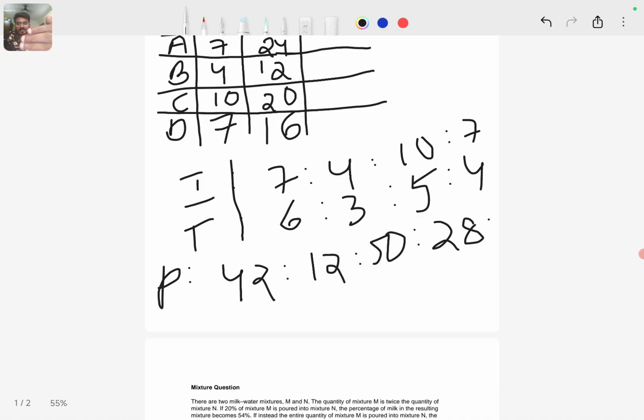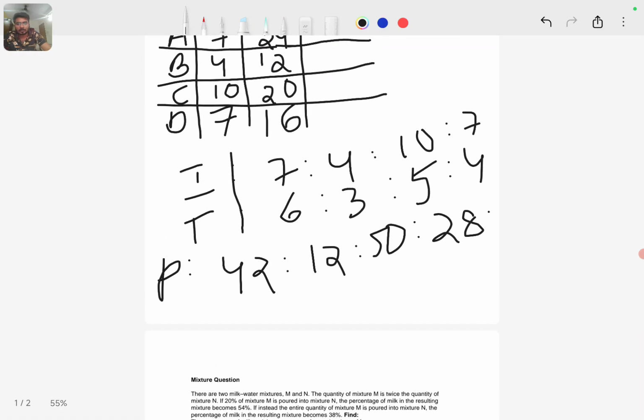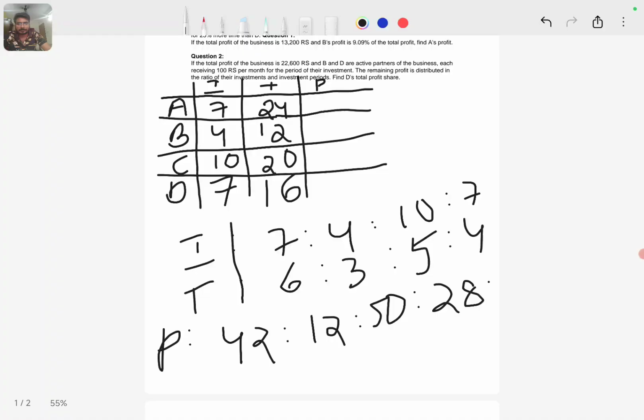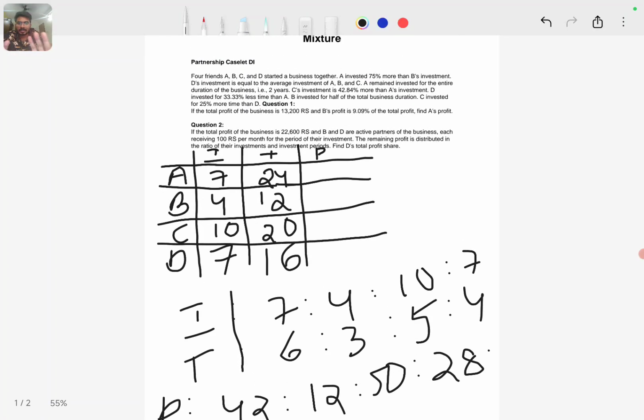So we don't need to worry at all when we are multiplying the two different ratios, because if we take the ratio again for the combined two ratios, the variables will automatically cancel out. So that is the concept here of ratios. This is the profit ratio. So until here the caselet DI explanation was done.